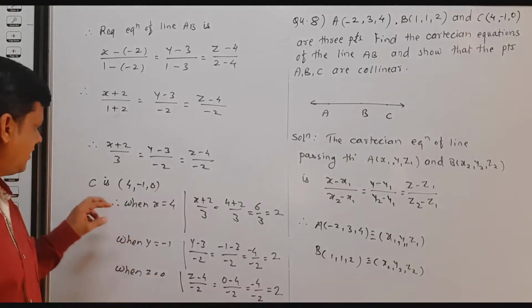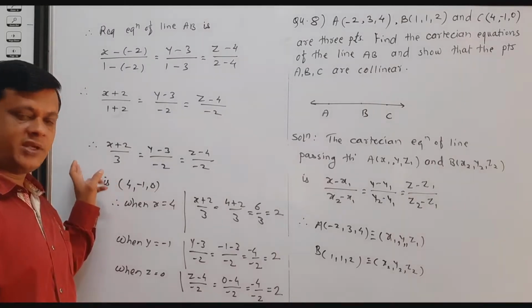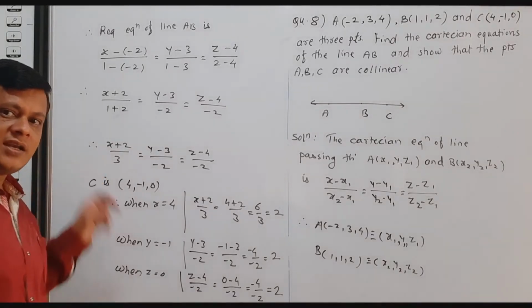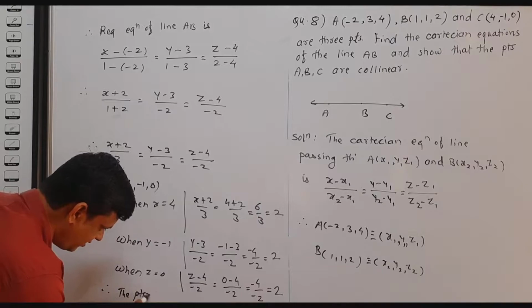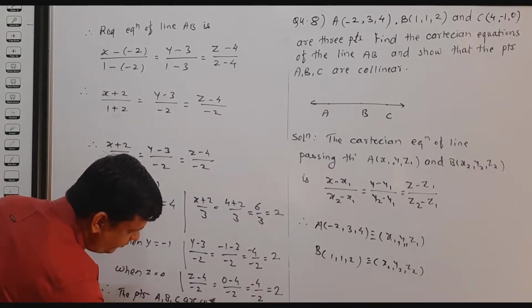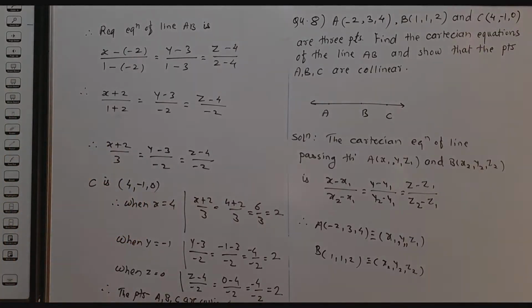That means this point C satisfies the equation of line AB, so this point C lies on line AB. So the points are collinear. Therefore, the points A, B, C are collinear. So in this way you can write the answer.